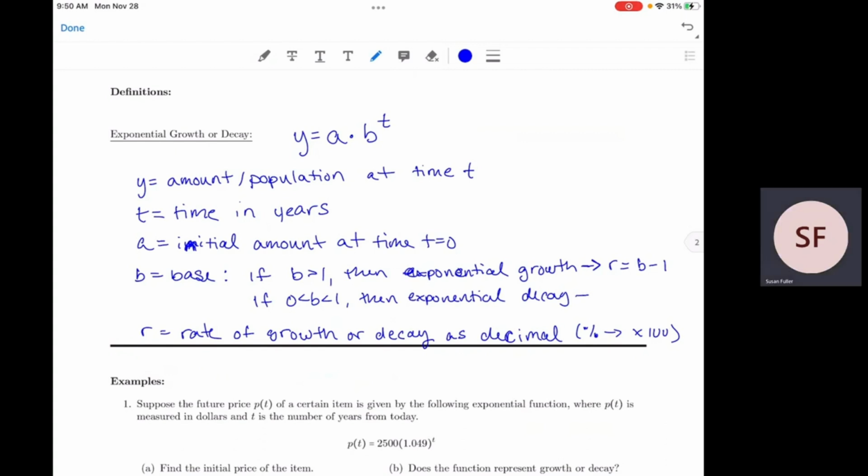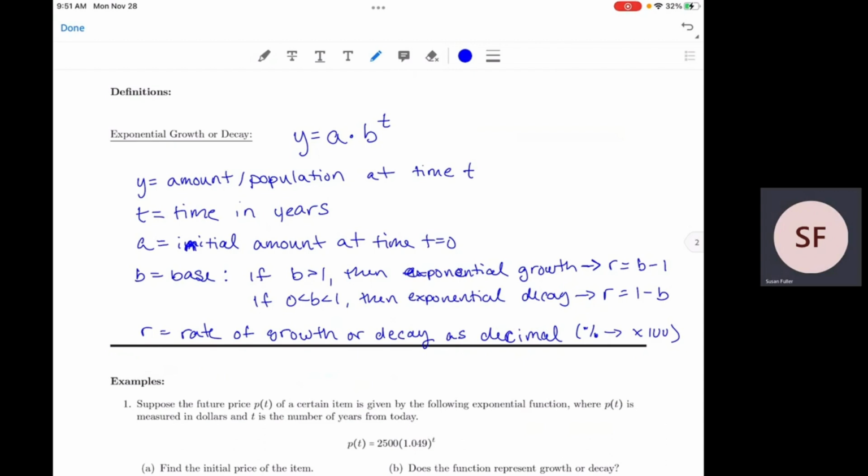And if we have decay, if our B value is between 0 and 1, then our rate of decay is going to be R equals 1 minus B. It's basically always just how far from 1 your B value is. So this is how you find your rate of growth or decay.